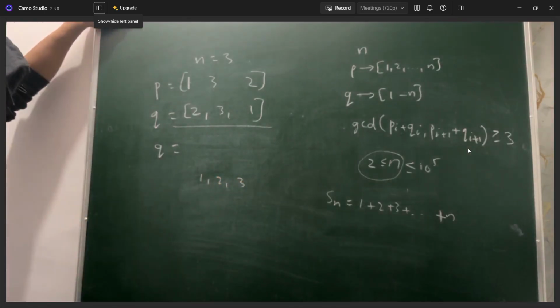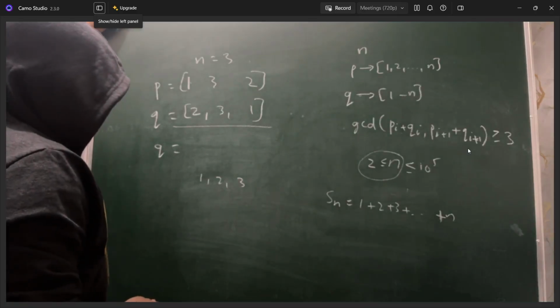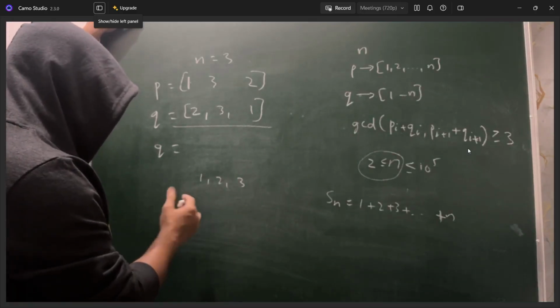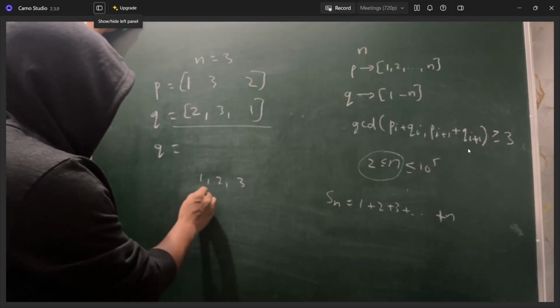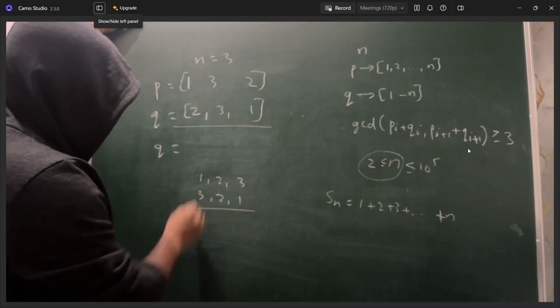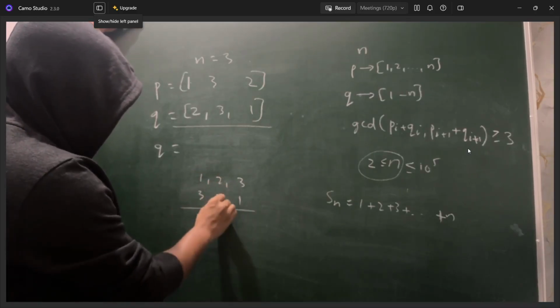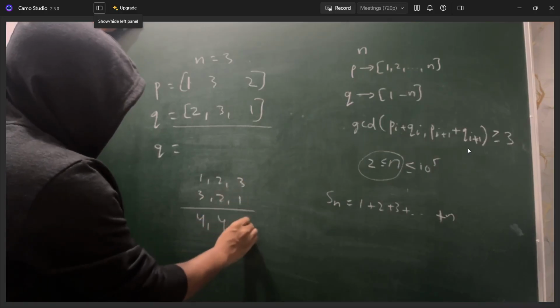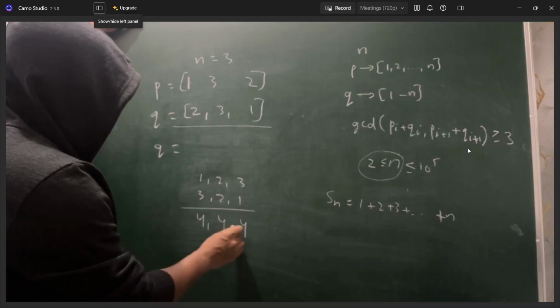In order to find one of the other arrangements, you take it in decreasing order. These are arrangements, right? Now you add it, so 4 elements are getting like 4 4 4.